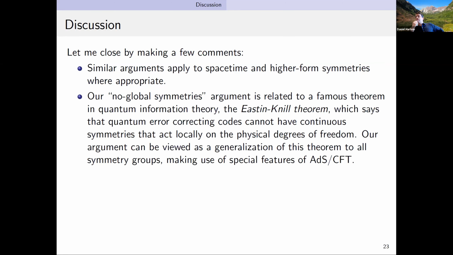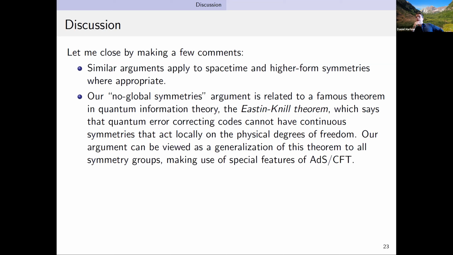Now, in case there are any quantum information theorists here, I should mention that the argument we gave for no global symmetries is related to a famous theorem in quantum information theory, called the Eastin-Knill theorem. It says that quantum error correcting codes can't have continuous symmetries that act locally on the physical degrees of freedom. I chose not to discuss quantum error correction in the talk because the talk is long enough already.